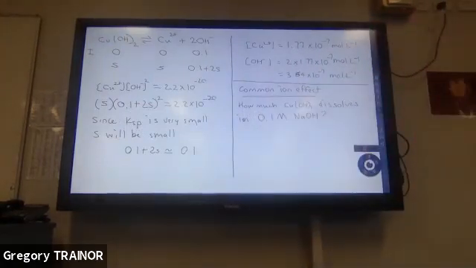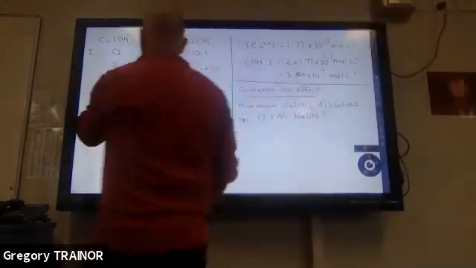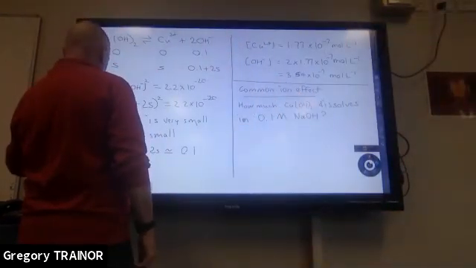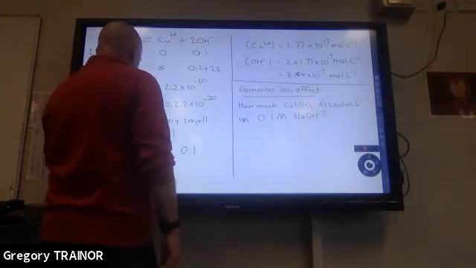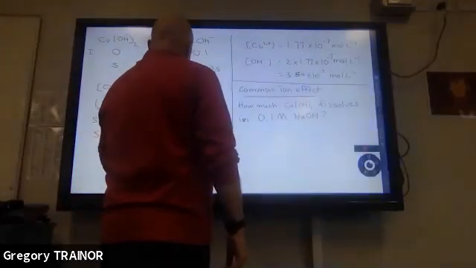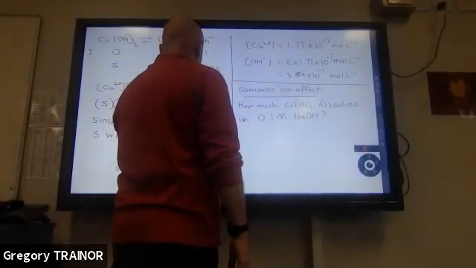In other words, the S is such a small number that it's not really going to make any difference to the effective concentration of hydroxide. So that simplifies our equation here to S times 0.1 squared equals 2.2 times 10 to the minus 20.